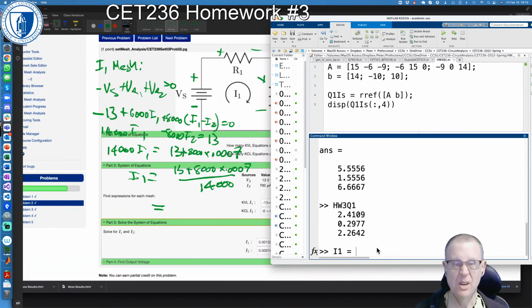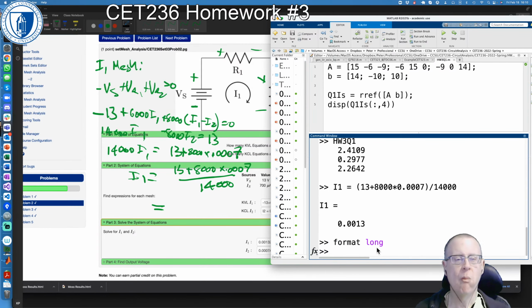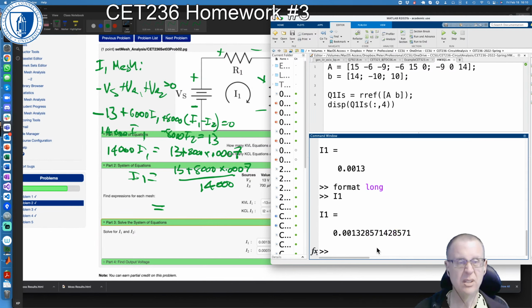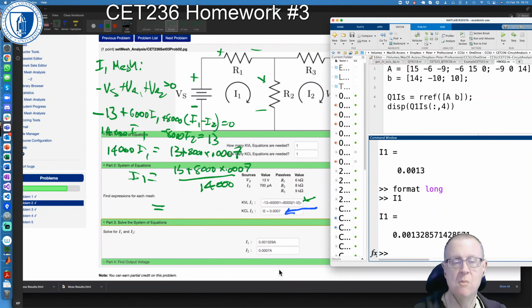I'm just going to say I1 equals 13 plus 8,000 times 0.307 divided by 14,000. And I need to go format long and reprint I1. Right, so it's 1.329, which is what I had before.